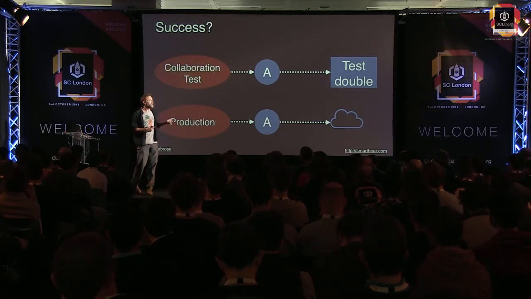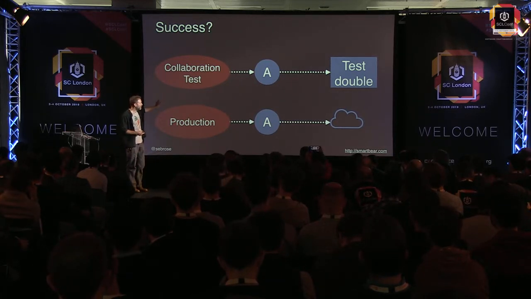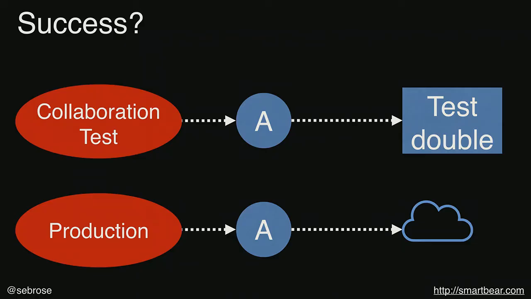If the collaboration test fails, if your unit test fails in this particular behavior, then you would expect that if you release that component A into production and replayed that behavior, it would also fail in production. The embarrassment happens when it passes on your desktop and it fails when you release it into production.